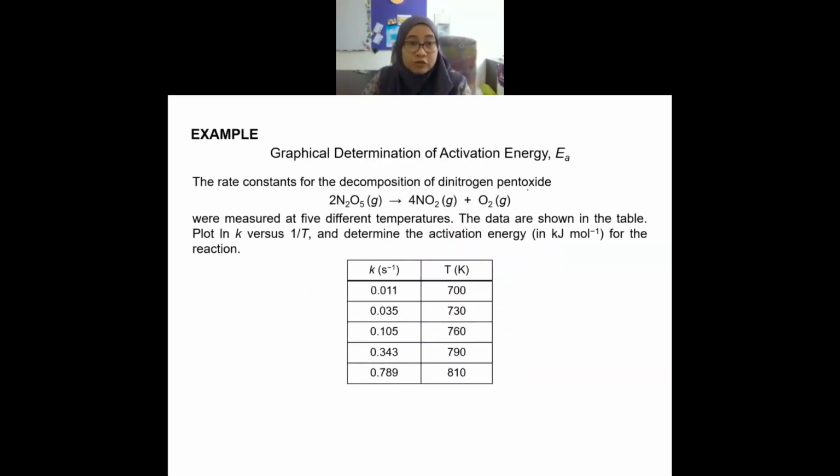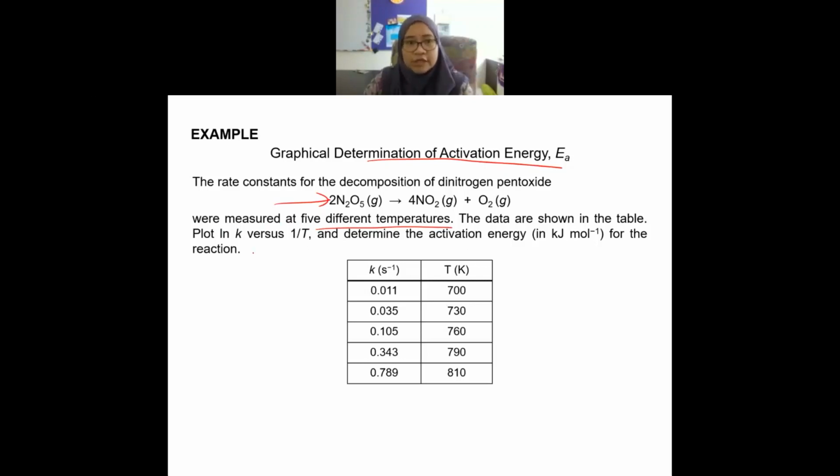Okay, cuba tengok contoh. Like I said just now, okay, the question can ask you to prepare a graph ataupun to plot a graph. Okay, for this question, you will be asked to determine the activation energy. Okay, let's look at the question first. The rate constant for the decomposition of dinitrogen peroxide, so this is the equation, were measured at 5 different temperatures.